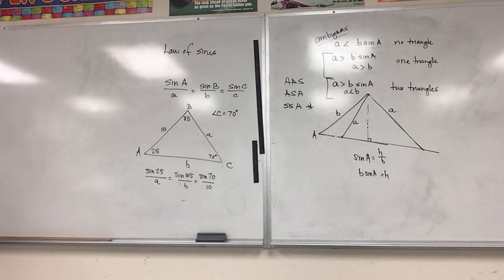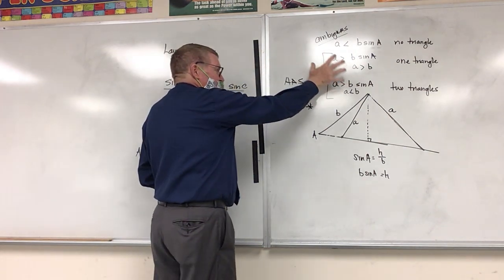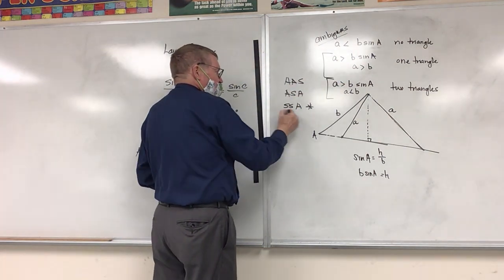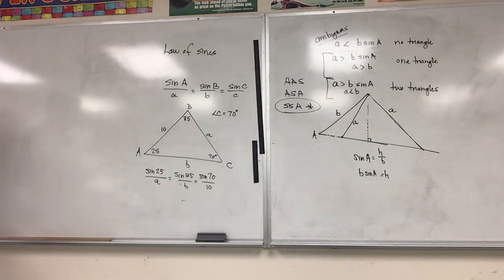Always the sine of the angle over the side opposite. Now I don't have to worry about this here, because this is only when I have side-side-angle. That's the only time I have to worry about that. Every other case, I always only have one possible triangle.